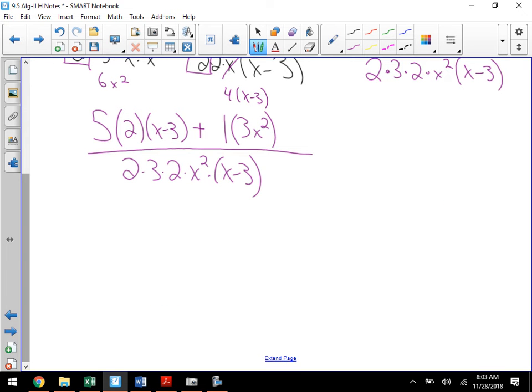So my denominator now, we know that that's 12x squared, x minus 3. You'll never have to multiply out denominators, but I will ask that you multiply out and combine like terms of numerators.